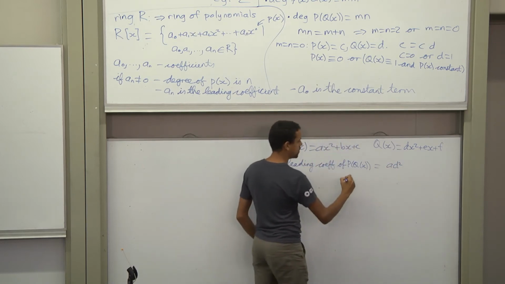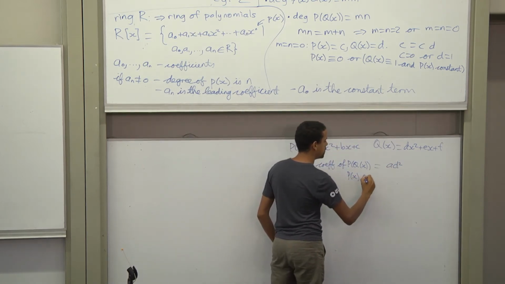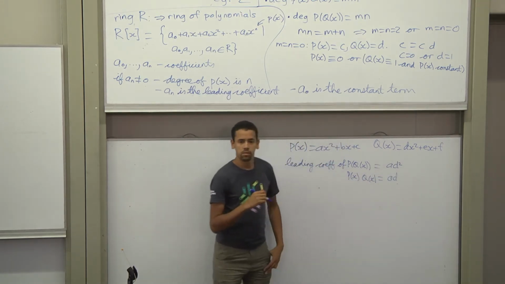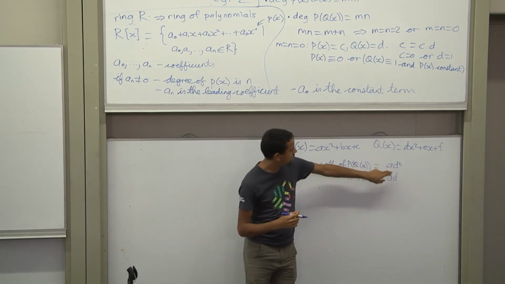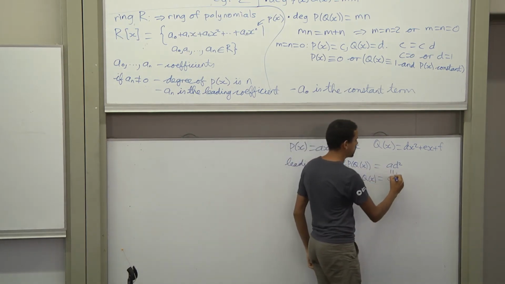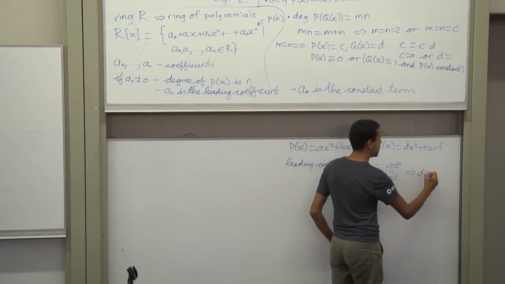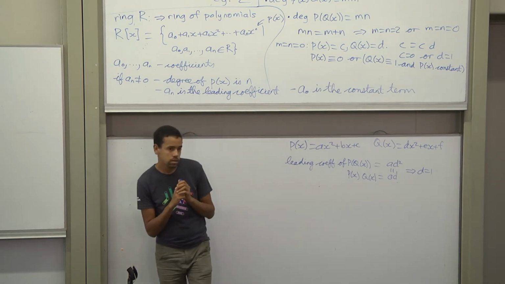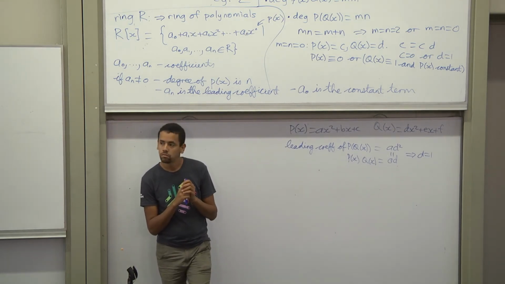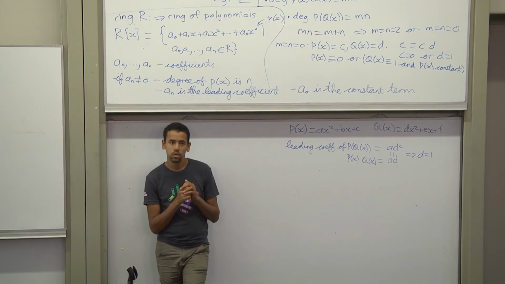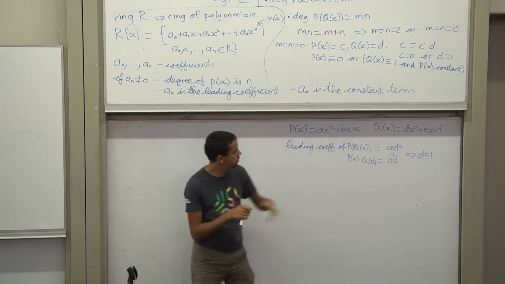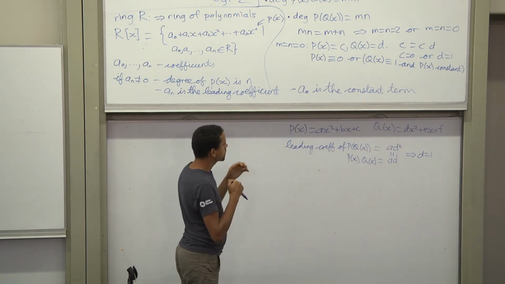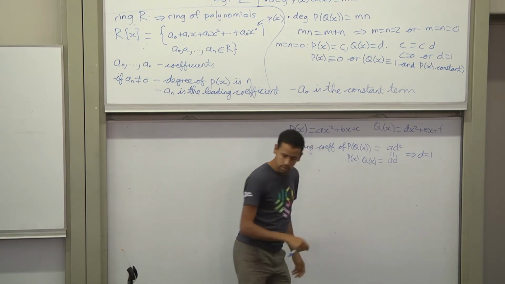And the leading coefficient of p of x times q of x would just be AD. Because these polynomials are equal, that is equal to that. And so we get that d is equal to 1. Any objections? No? Okay. Yeah, we divide by AD on each side, so we get d equals 1. Okay, so that helps a bit.